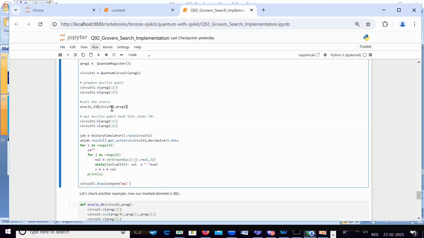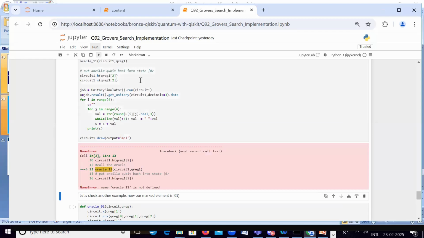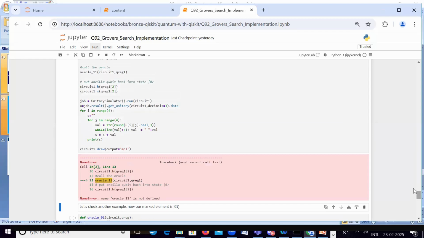Now generalizing that as an oracle function, this oracle 1 can be exactly the oracle function. The goal and the need of this is to mark, which is done by the CCX NOT gate. And now we can represent that by using the draw function as earlier.